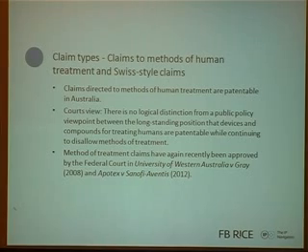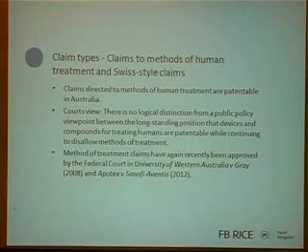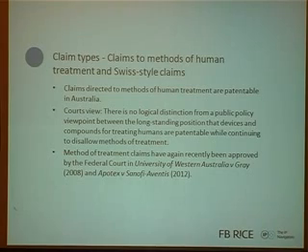Methods of treatment are patentable in Australia and acceptable claim types. I think we're one of the few countries other than the US where that is possible. So unlike, for example, Europe, if you ever have a dealing in the medical area and you have a method of treatment, you can patent that in Australia. We've had a number of cases, even more recently, a few more cases that have looked at this issue.